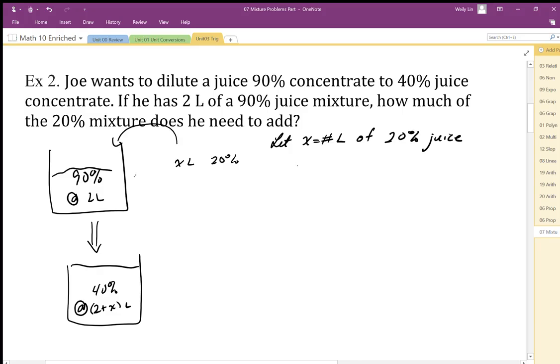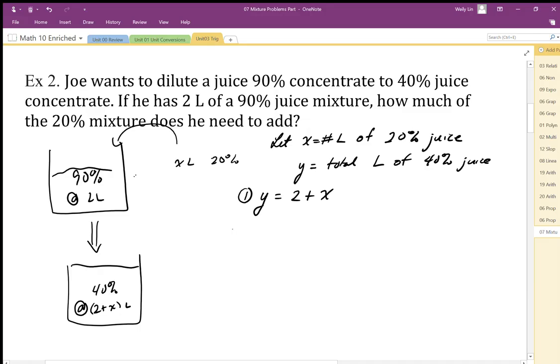And then we'll let y equal the total liters of juice. Okay, so those are our two unknowns. And so we know that our first equation is going to look like this. y is equal to 2 liters plus the amount that we add. Okay, so that's going to be one relationship. So that we have one equation.